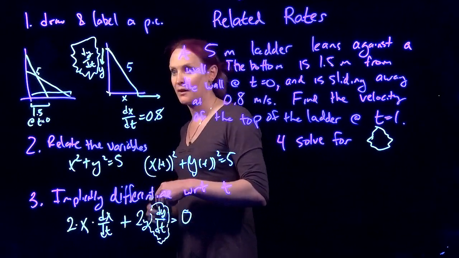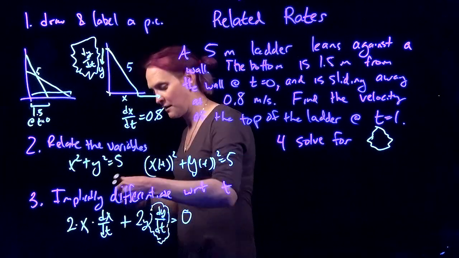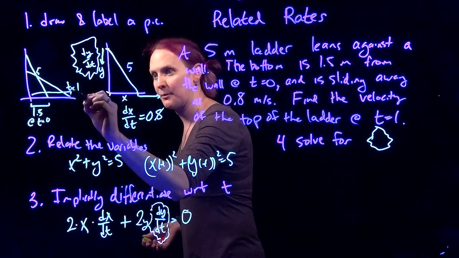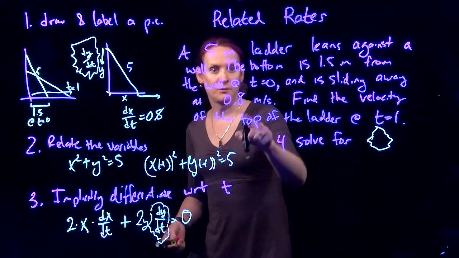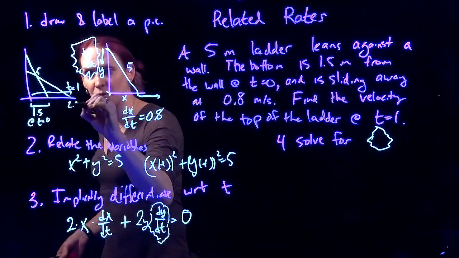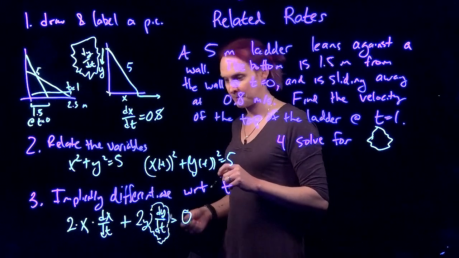It was 1.5, and 1 second has elapsed from t equals 0 to t equals 1. It was moving at 0.8 meters per second, which means that this is 2.3 meters at time t equals 1.